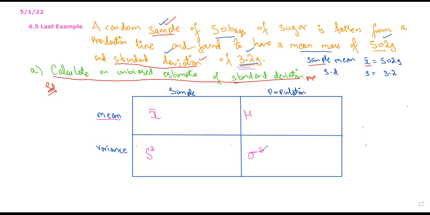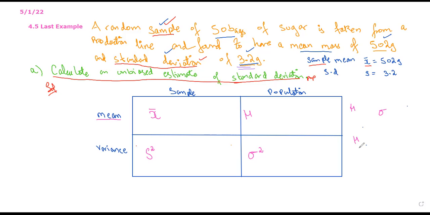Are you comfortable with this now? You can learn it by this trick: population parameters are written in a different way. Mu is not an alphabet and sigma is not an alphabet, however x and s are. So if you come across mu, you should know that it is not an English alphabet, so it would be related to the population, and you already know mu is mean.